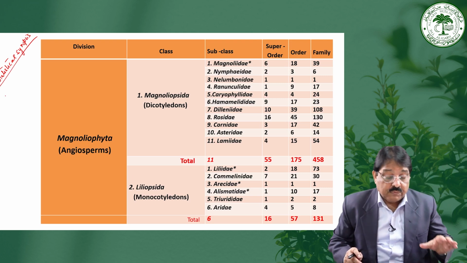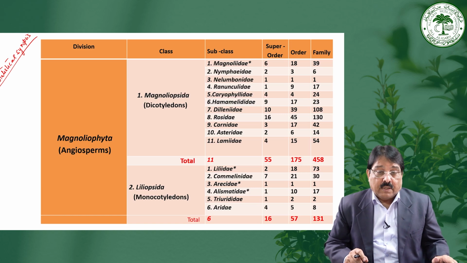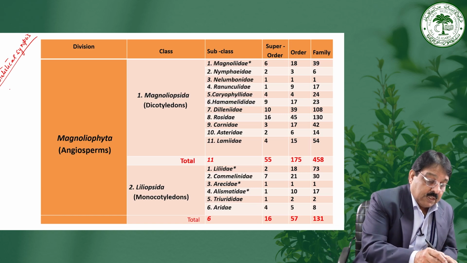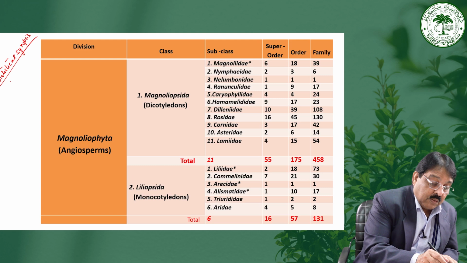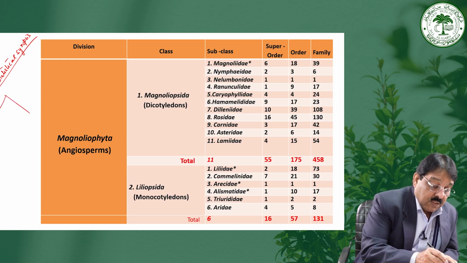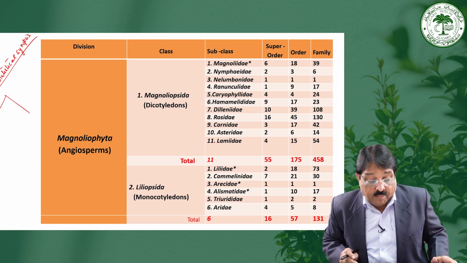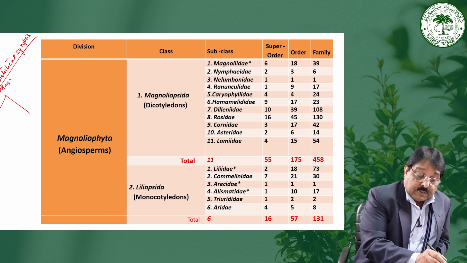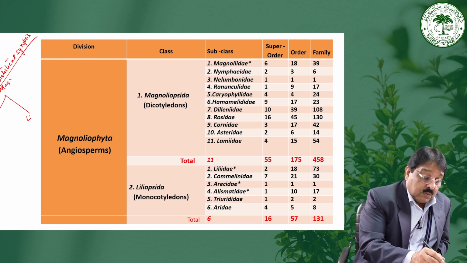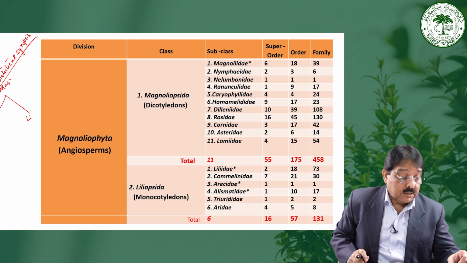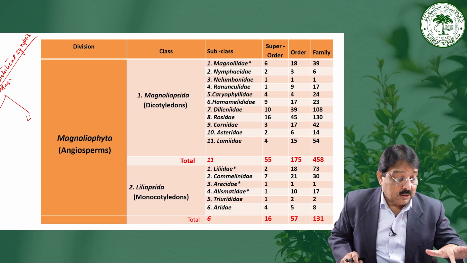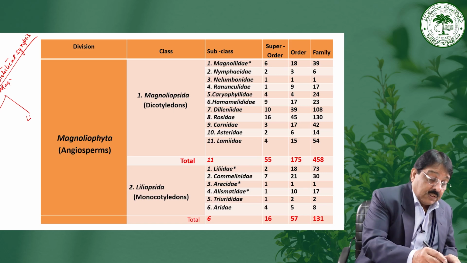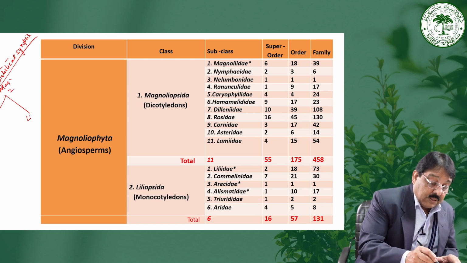You have to give only the angiosperm, the Magnoliophyta, divided into two classes: the Magnoliopsida and the Liliopsida. That is the dicot and that is the monocot. Magnoliophyta is divided into two classes.